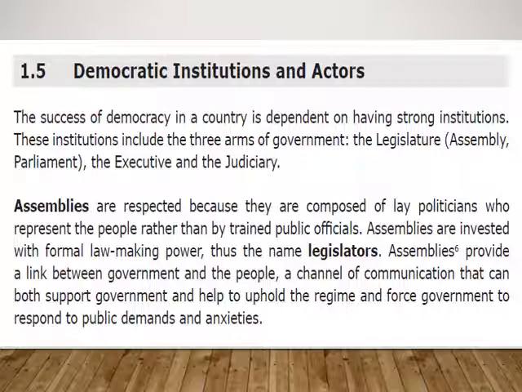Assemblies are invested with formal lawmaking power, thus the name legislatures. Assemblies provide the link between government and the people, a channel of communication that can both support government and help to uphold the regime and force the government to respond to public demands and anxieties. So it is a way to build a bridge between what people need and what the government should do.